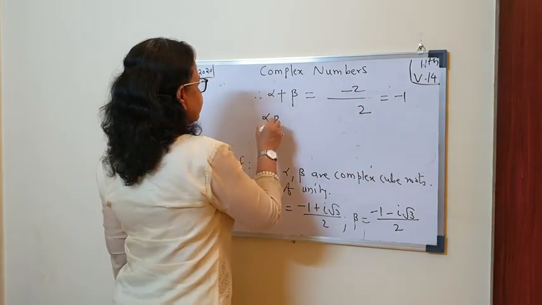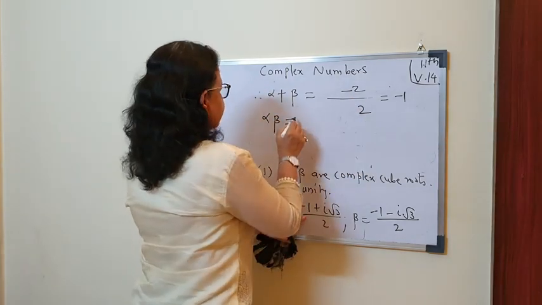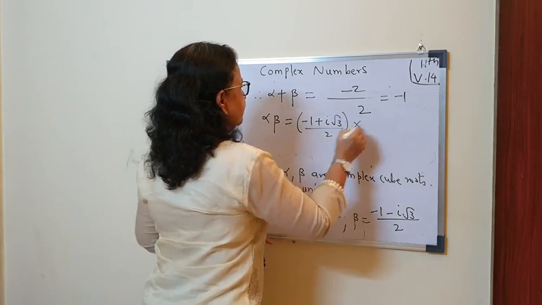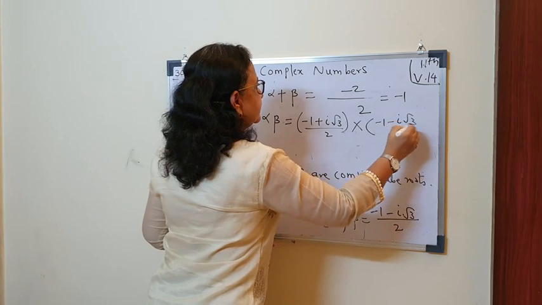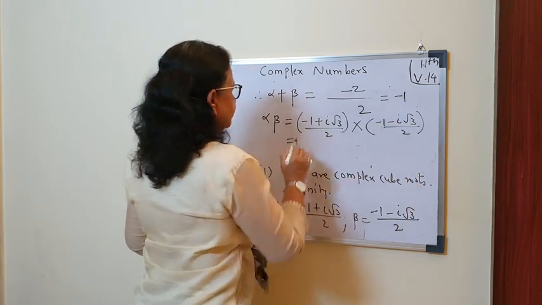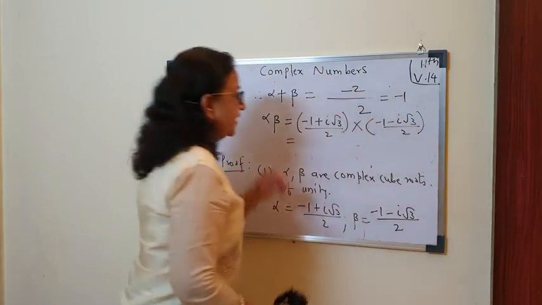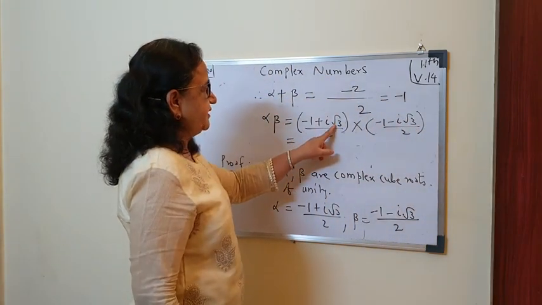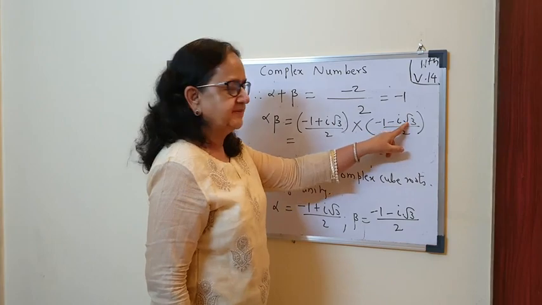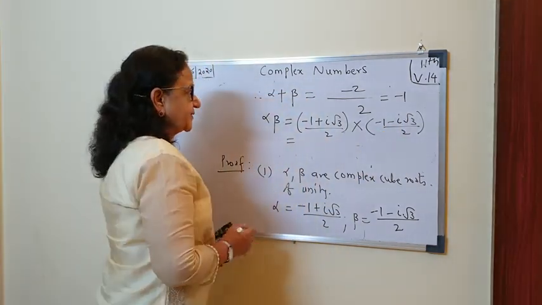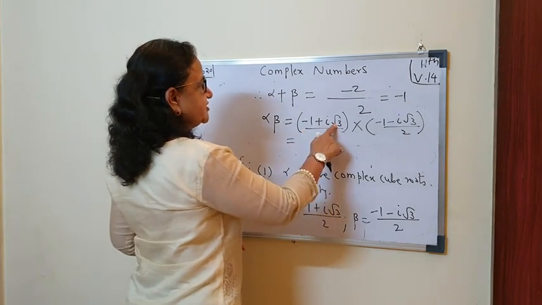Can you check the product of the two? I'll write it here: minus 1 plus i root 3 upon 2 into minus 1 minus i root 3 upon 2. So the product will be equal to, see how it is? A plus B into A minus B is A square minus B square.